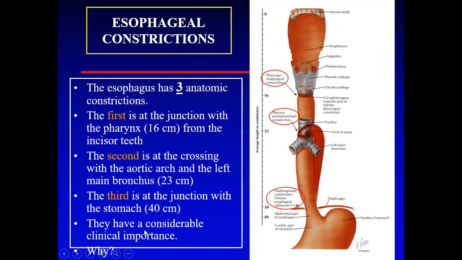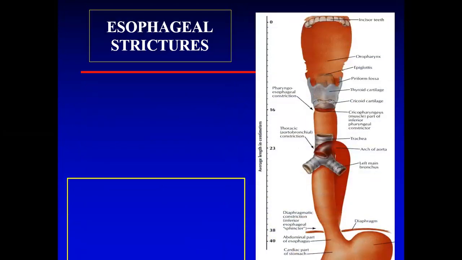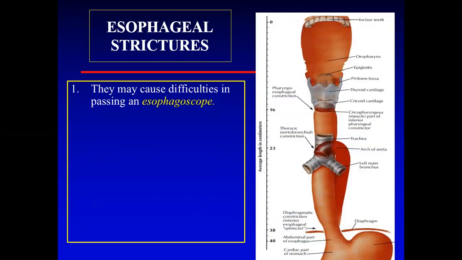As I said, whenever there is an abnormal constriction, you should be able to differentiate.